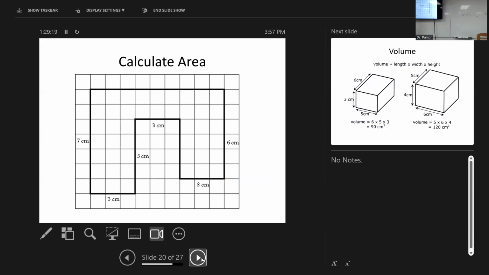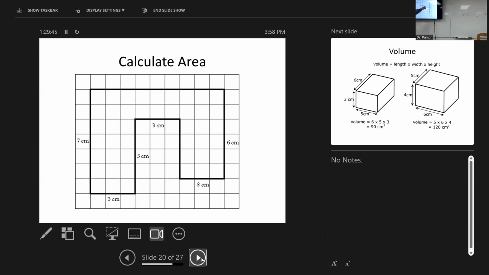Oh, no, I'm sorry. I'm looking at the wrong one. I want this bolded in. So this area is 3, this is 3, and this is 3.